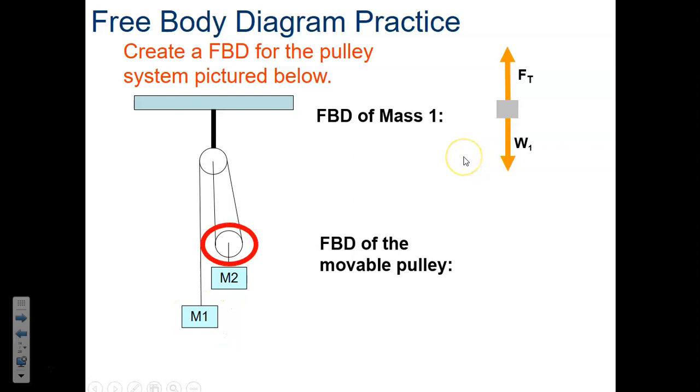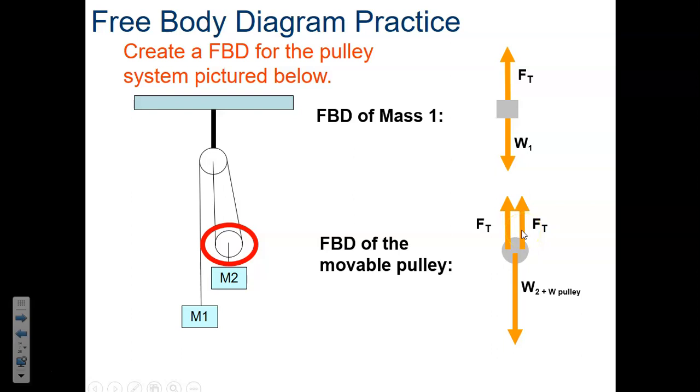Let's take a look at the movable pulley here. So this was a fixed pulley, and here we've got a movable pulley. So we're probably going to start with weight. Okay, so weight, they're calling it weight 2, because this is our second mass. All right. Now because we've got 2 strands of rope going up, we're actually going to have 2 forces of tension going up.